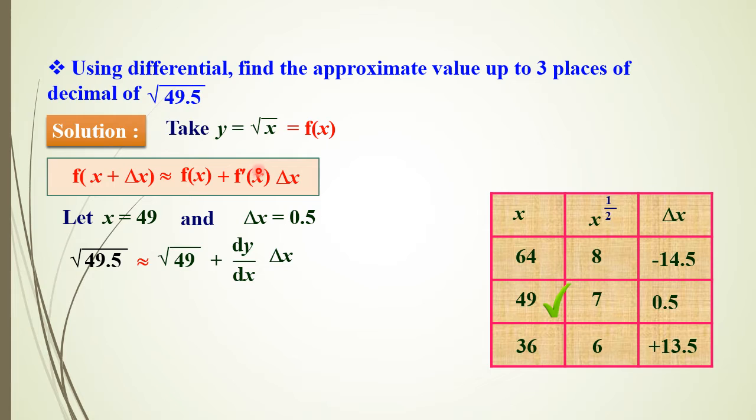Here f dash of x is delta y divided by delta x, that is called f dash of x. Next, delta x is written, and the next terms are written in the next line.